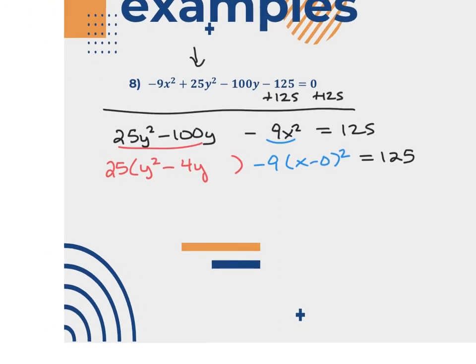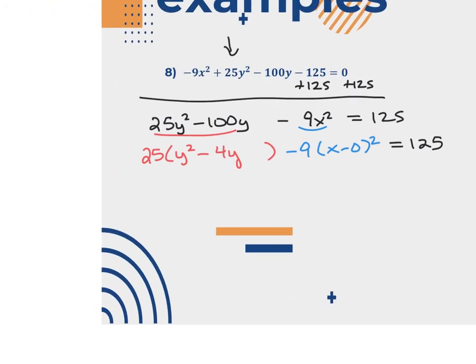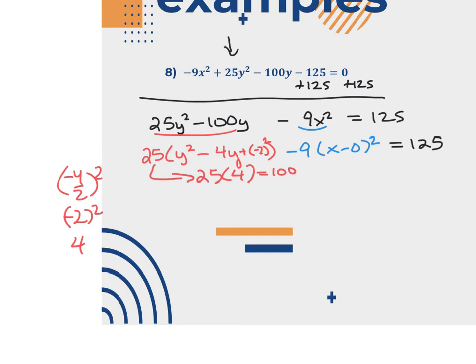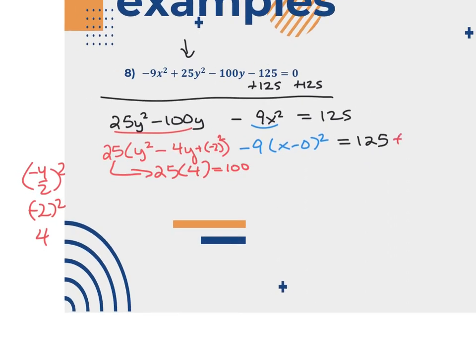For the red, take the b term, divide it by 2, and square it, and I get 4. So in here I'll put plus -2 squared, but over here you have to do 25 times 4. So what we would be adding over there is positive 100.